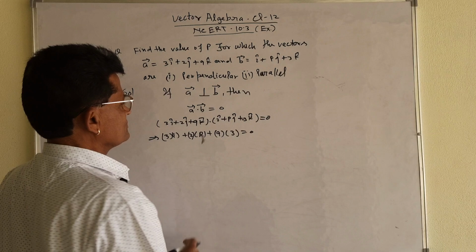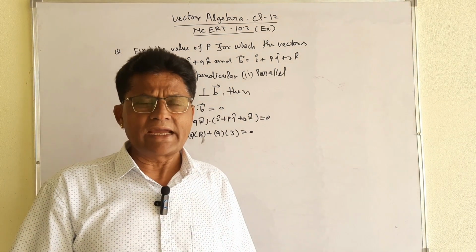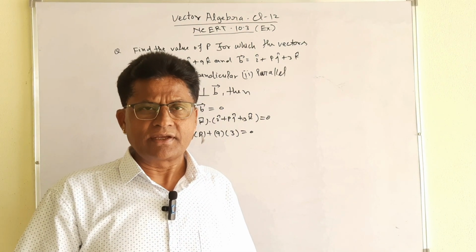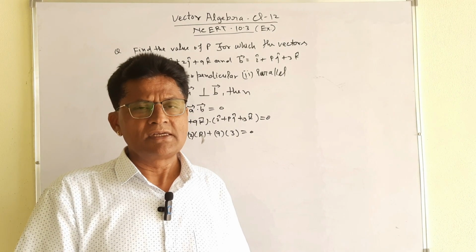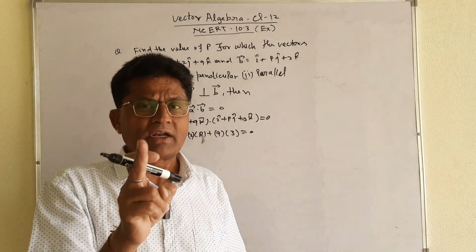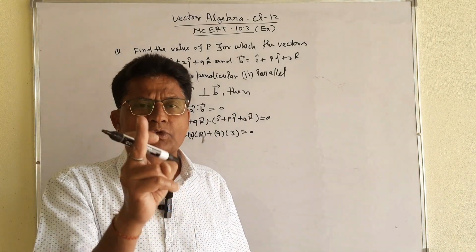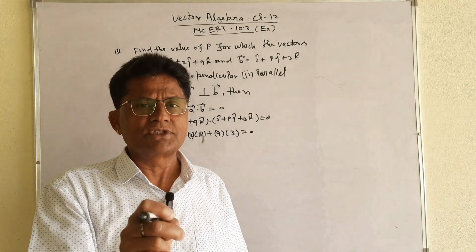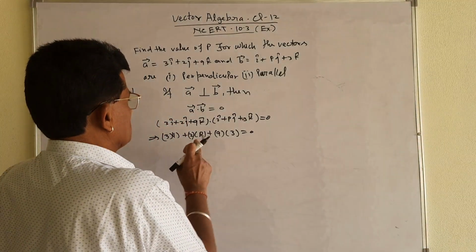It will be equal to 0, because i dot i, j dot j, k dot k will be equal to 1. And i dot j, since theta is 90 degrees, involves cos 90, which is equal to 0. That is why the dot product will be equal to 0.